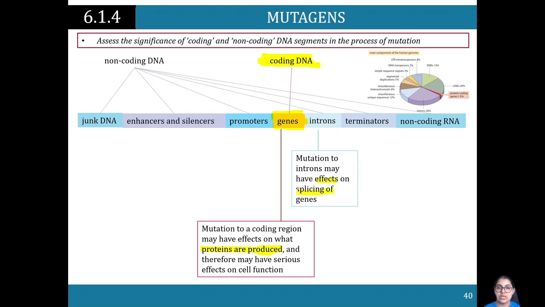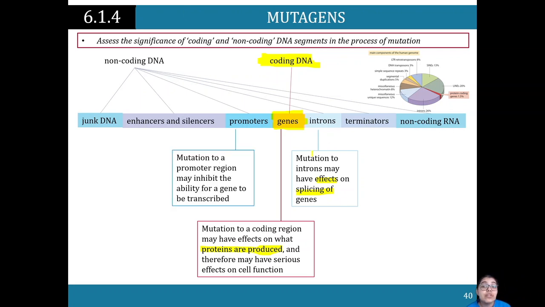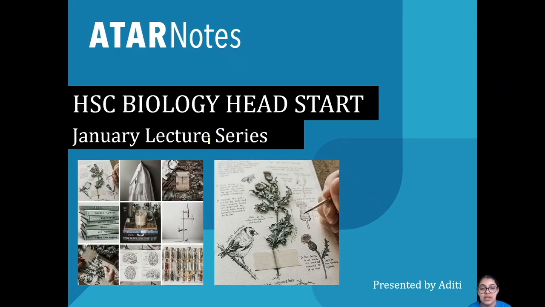Remember, when we talked about splicing, we take out the introns so that we are left with the exons, the coding DNA. Mutations to the promoter region can inhibit the ability of a gene to be transcribed, because those promoters tell us where to start transcribing. So if there's an issue here, that will have an effect.